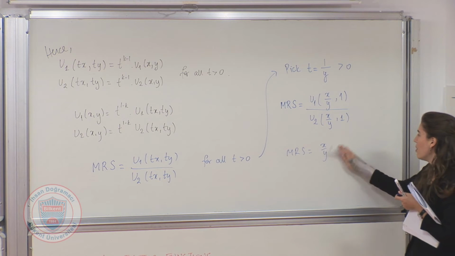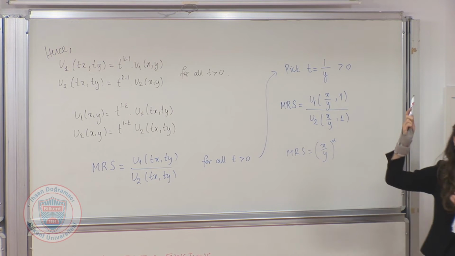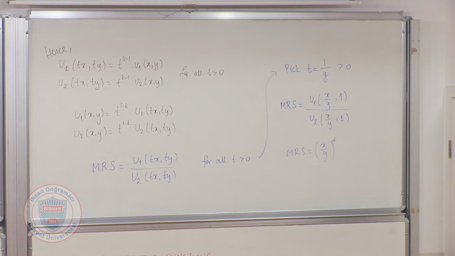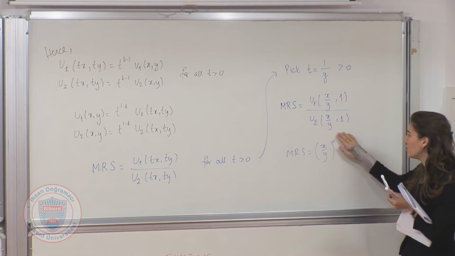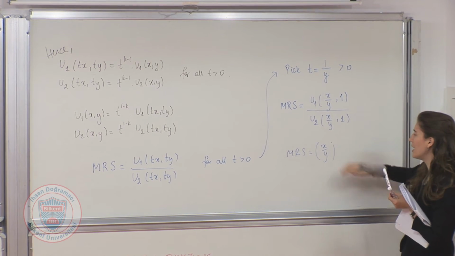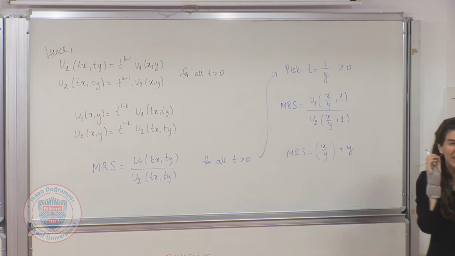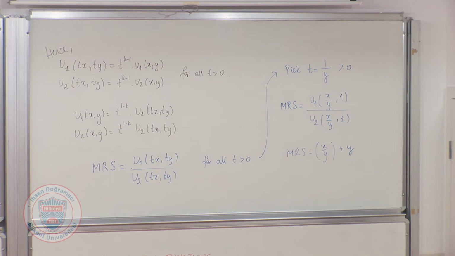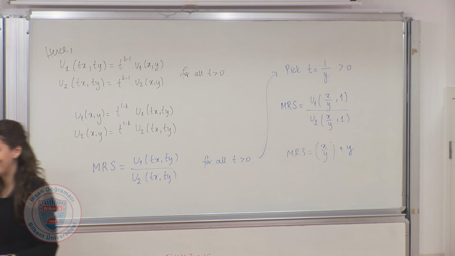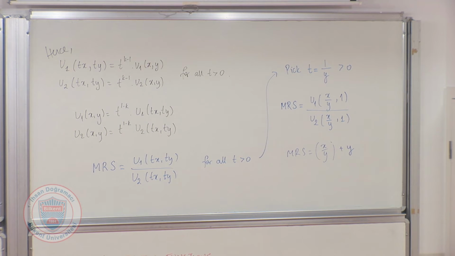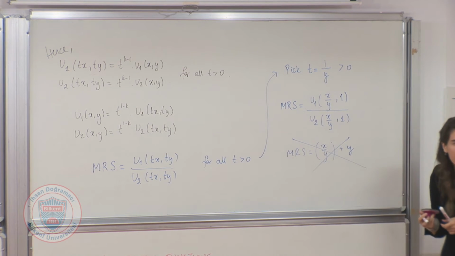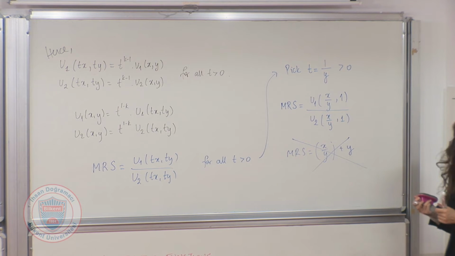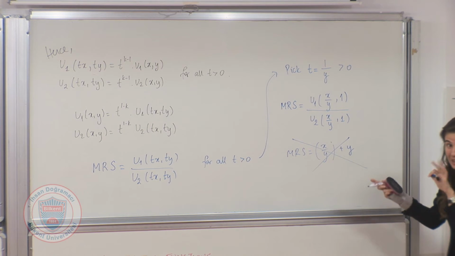You might have x over y to the power alpha, blah, blah, it might depend on the parameters, it might depend on some constant, whatever, but it won't depend on the actual value of y or x, okay? So it's very important that it is only going to be a function of x over y. If it's homothetic, you will never get something like this, okay? So keep this in your mind.